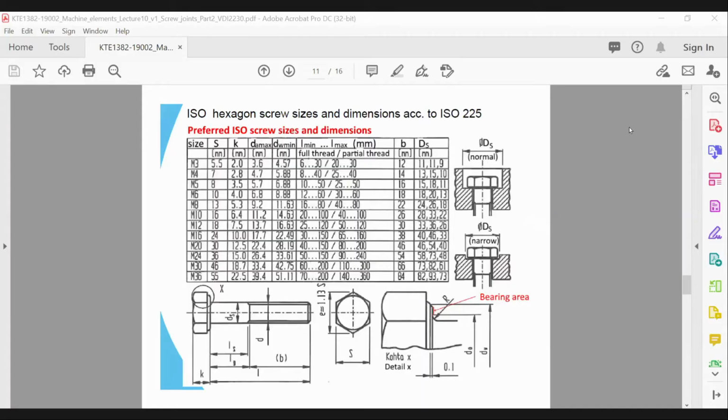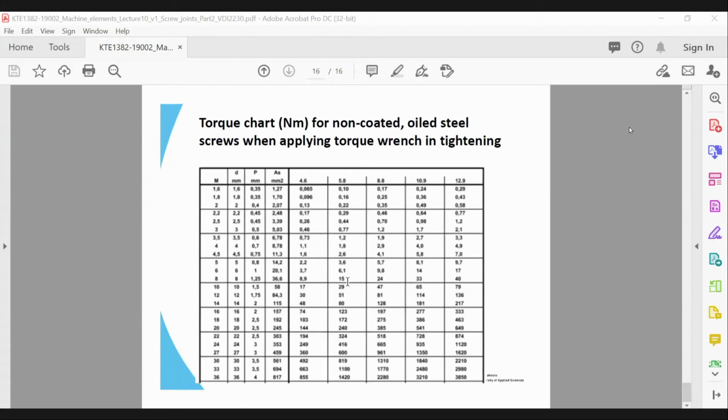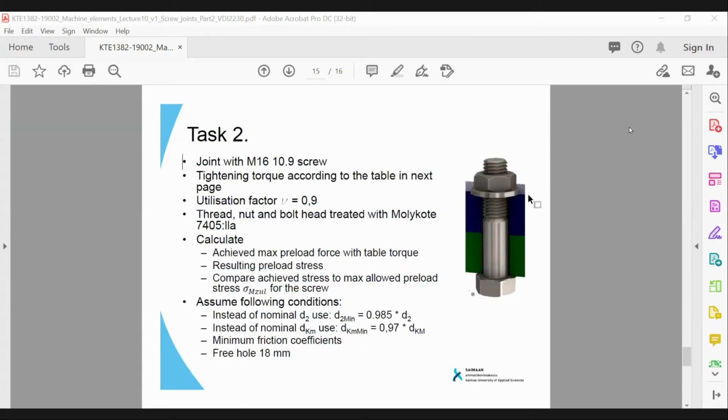So I might have missed it, but to calculate the force, do we use the utilization factor or do we not? You don't need that in calculation of the preloading force, but you will need this utilization factor when you calculate the allowed stress, and you need to compare the stress in the bolt to the allowed stress. Okay, but then can I have a hint on how to calculate the preload force?